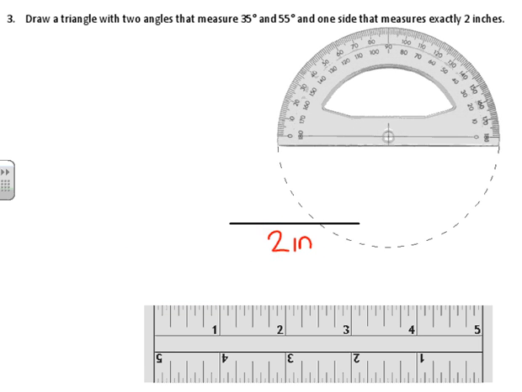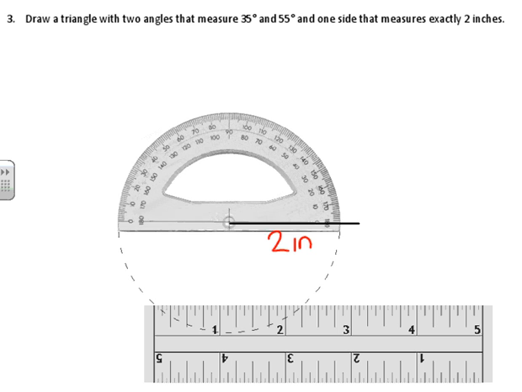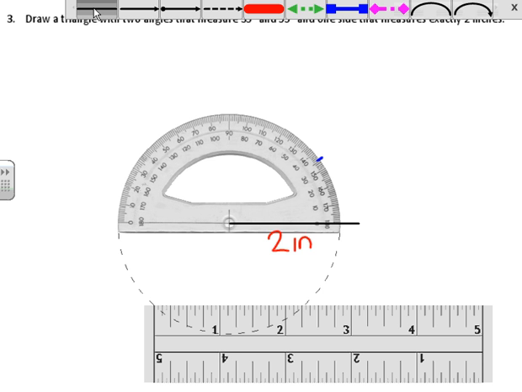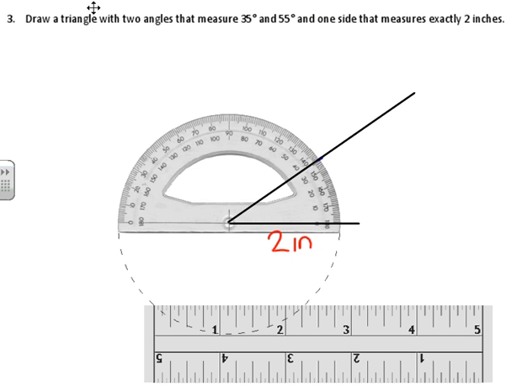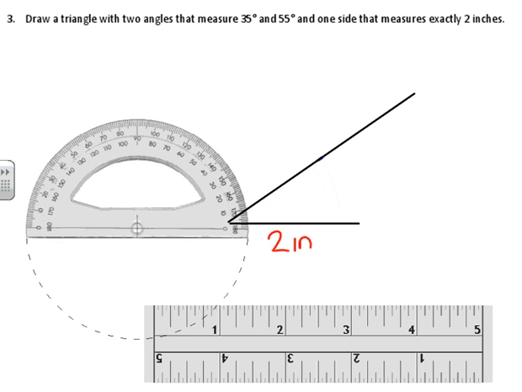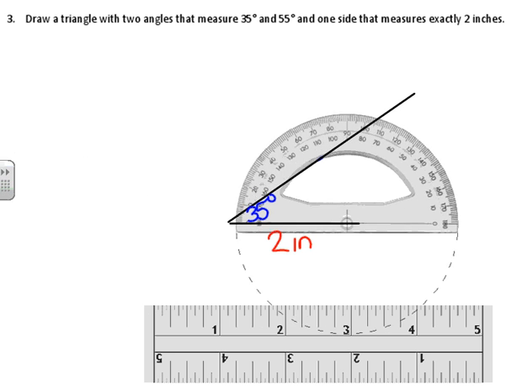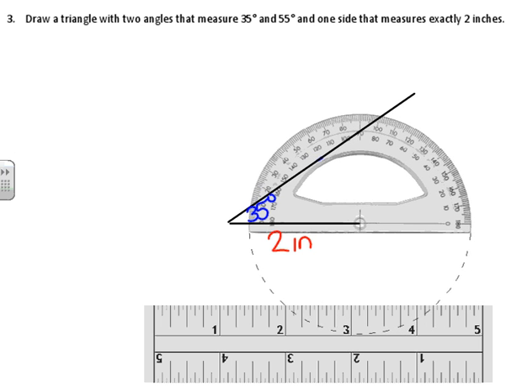All right, now I'm going to use my protractor, line up the end of the segment with the center of the circle in your protractor, and we'll measure the 35 right there. Okay, so use another line segment to connect that, and make sure that you label the angle 35 degrees inside, right where the vertex is. Now we're going to go to the other side, line up your protractor on the opposite endpoint, and this time we want 55 degrees.